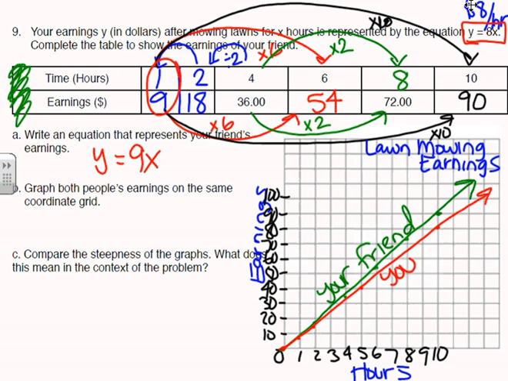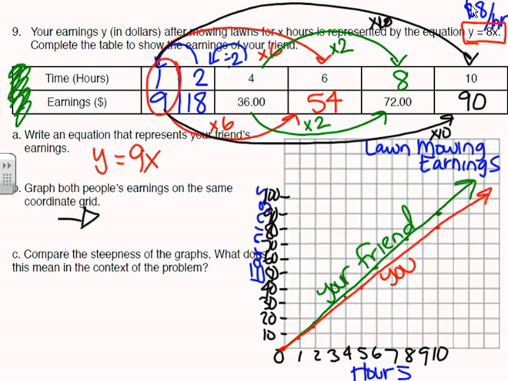So part B we did on the graph. And then finally, compare the steepness of the graphs. What does this mean? We can see that your friend has a steeper line, and we just need to explain what that means. A steeper line means that you are making more per hour.